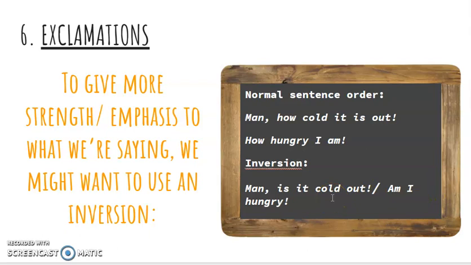So we could give it the form of a question, because questions are inversions actually. And this way we can make emphasis by using an inversion. All right? With exclamation. Is it cold out? Am I hungry? So that's how you make emphasis.